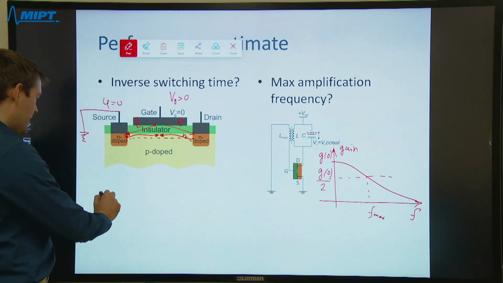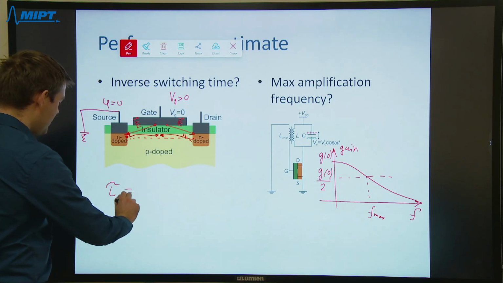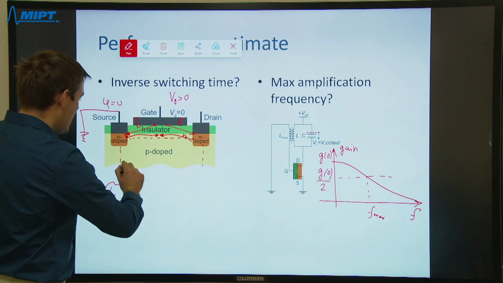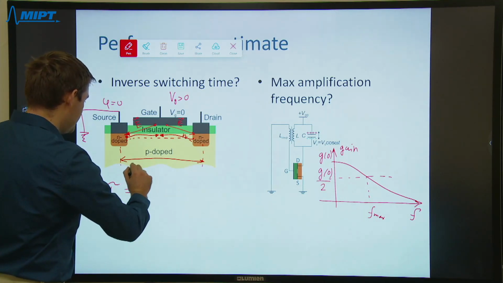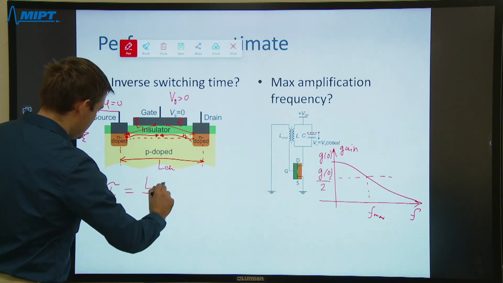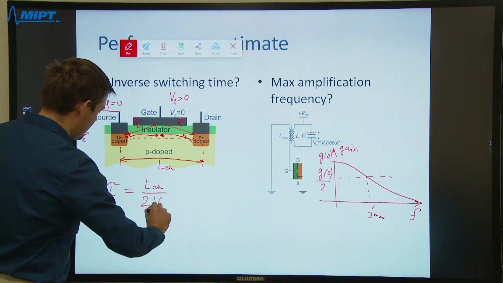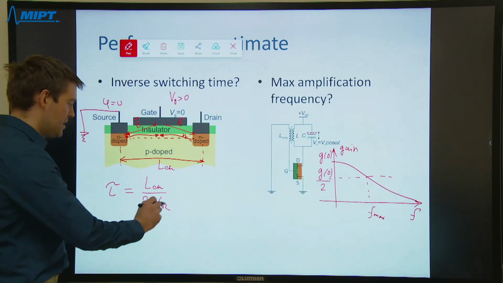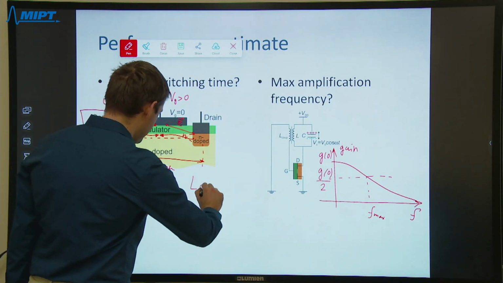So how can we estimate the time that an electron needs to travel at least half the length of the channel? It is the channel length divided by drift velocity and divided by 2. What is the drift velocity? Drift velocity is mobility multiplied by electric field.